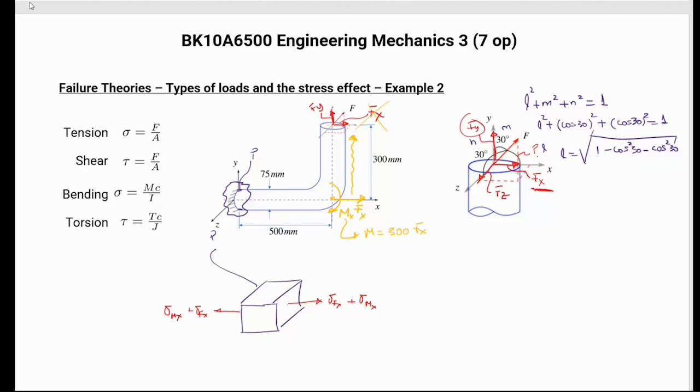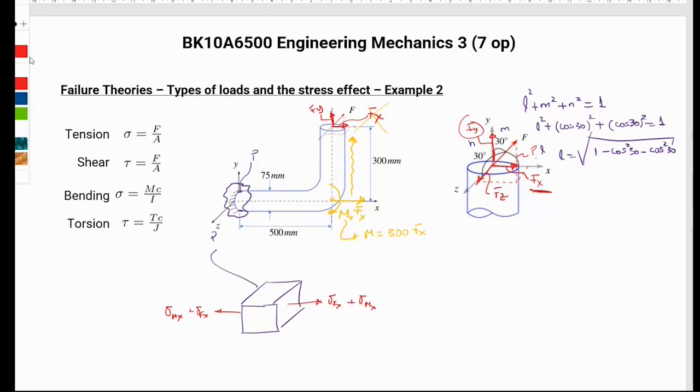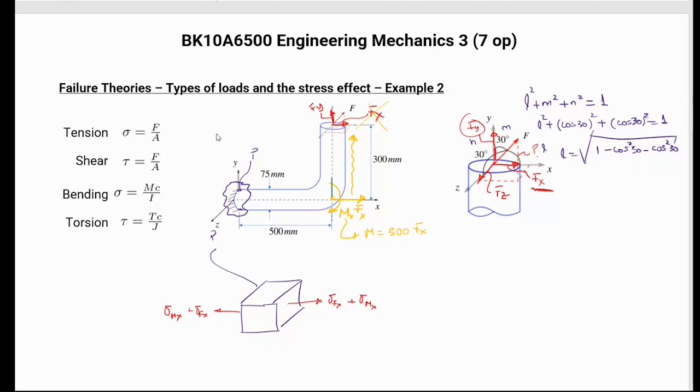It doesn't change because I can translate the forces, they're free vectors. I can translate them in the same axis. So let's put it like this. And also I could move this one to this one, and I can transform this into a force and a moment.